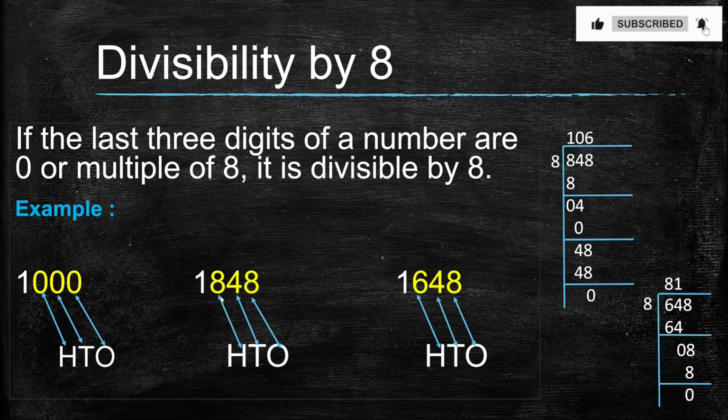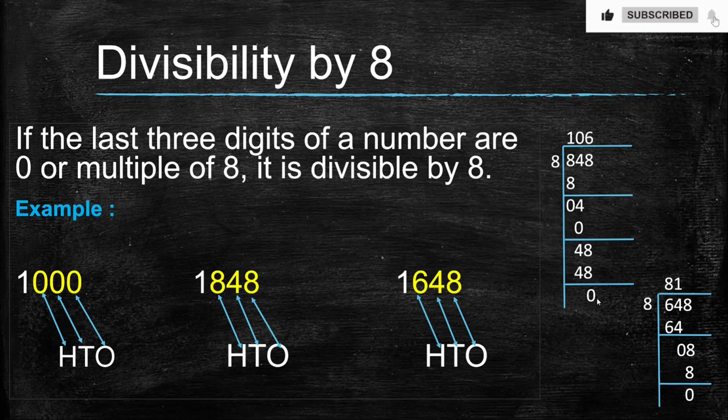And here is the second example. 1848. In the ones, tens, hundreds places, they are not 0. But we should divide the three places, so 848 divided by 8. We get the remainder 0, and hence 1848 is divisible by 8.